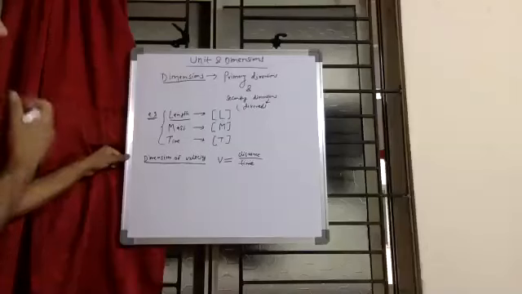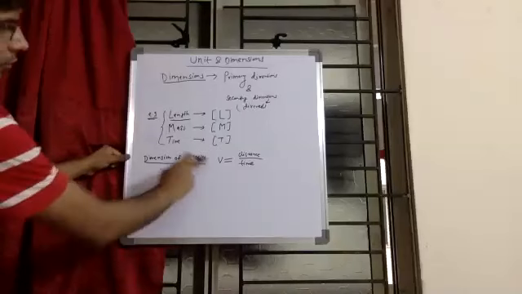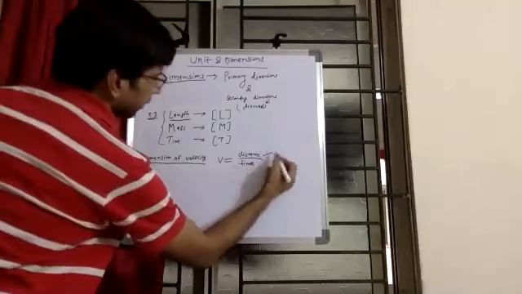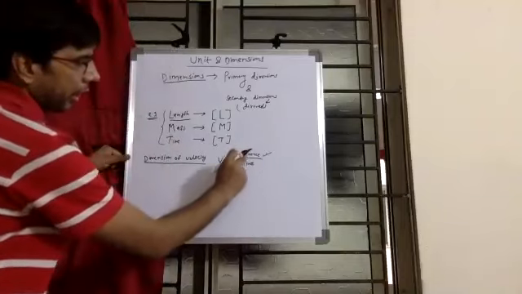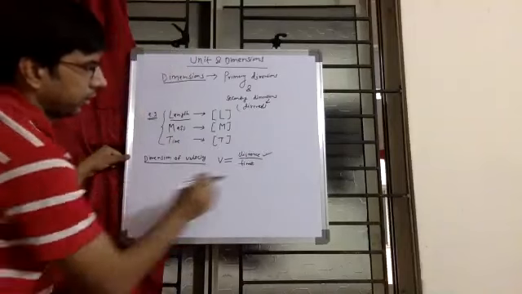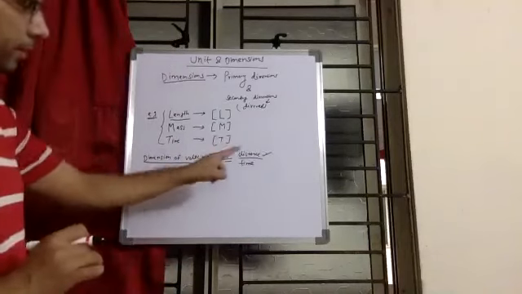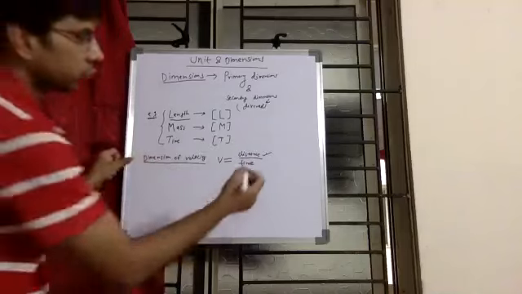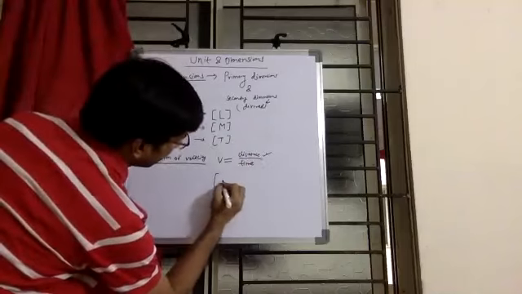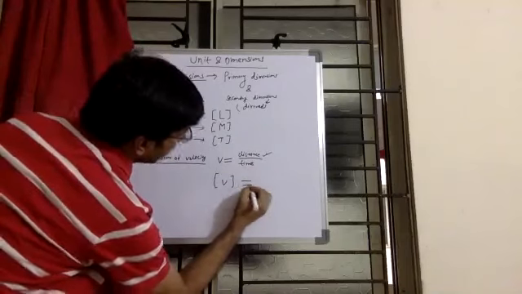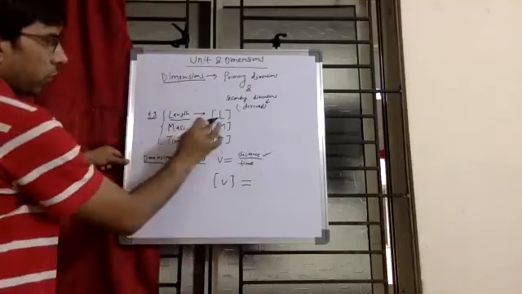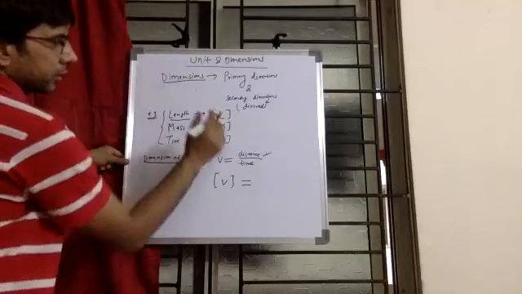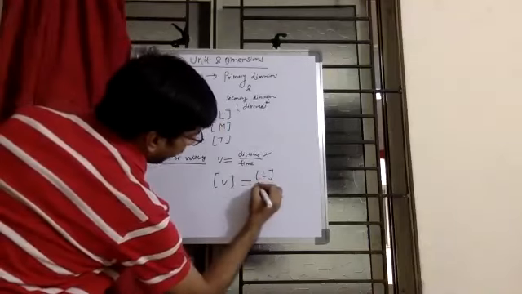So now we have to find out the dimension of velocity. Distance, we already know, is measured in length, and it's our primary dimension. We don't need any other dimension to represent distance. So if I write the dimension of v equal to, for distance the dimension is L, and for time the dimension is T. Right?